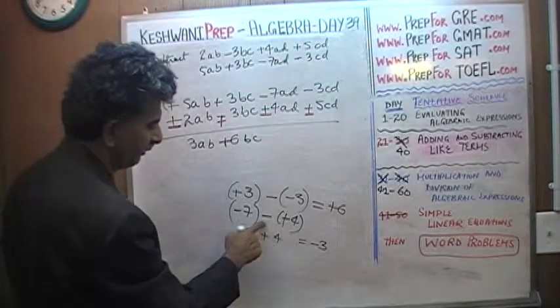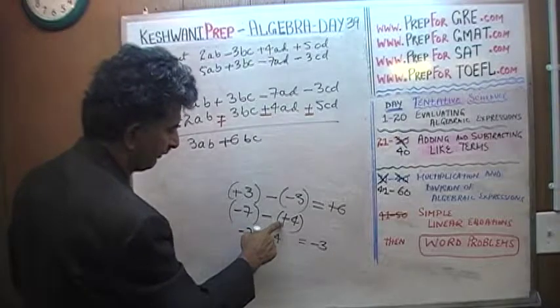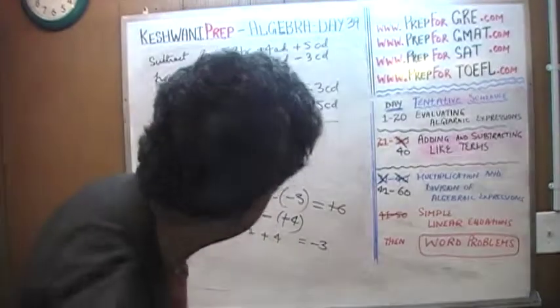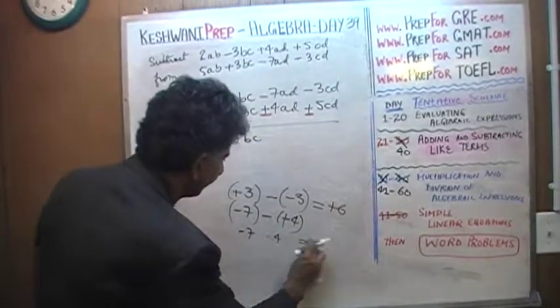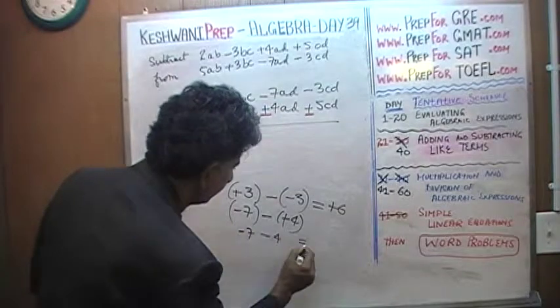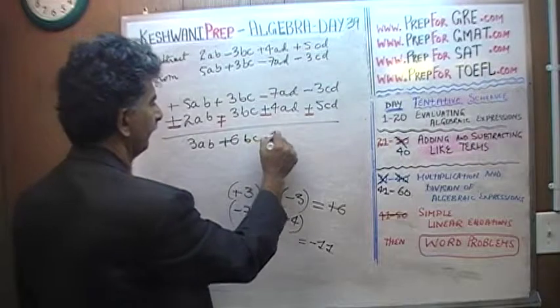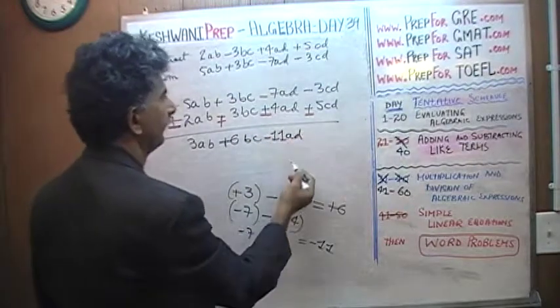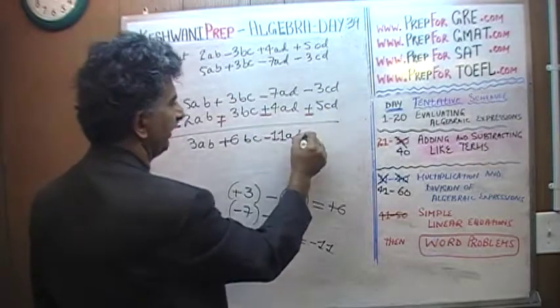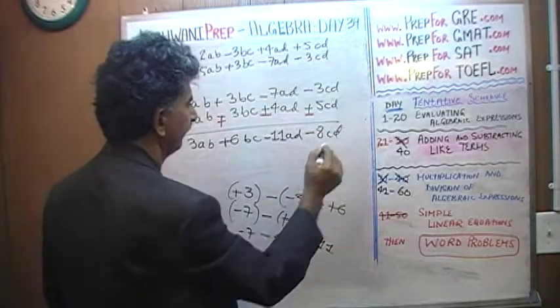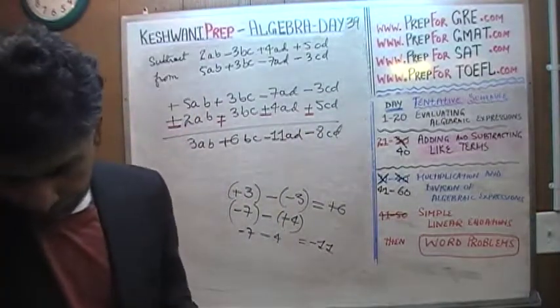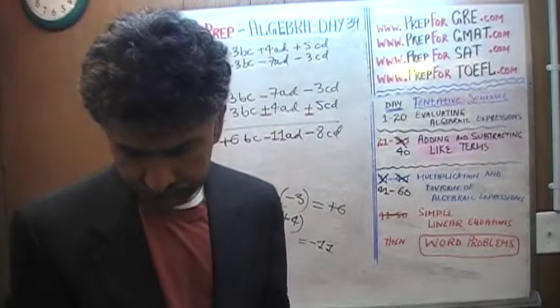So this positive is going to become negative. Negative plus negative is negative. And we're going to end up with negative 11, right here. Negative 7 and negative 4 is going to give us negative 11. Same thing here, a negative 3 and a negative 5 is going to give us negative 8CD. That's your answer. Negative 8CD.